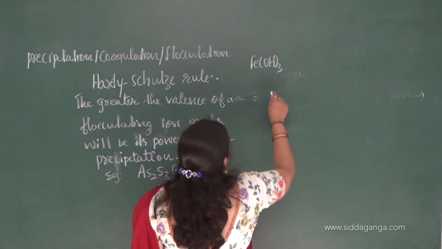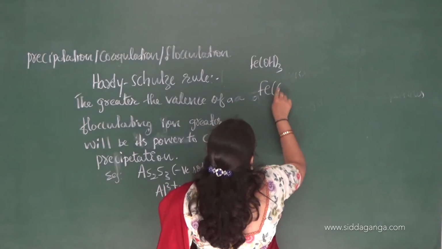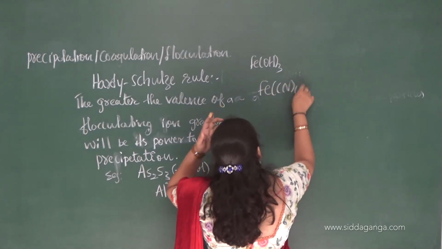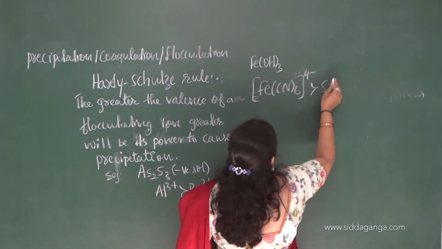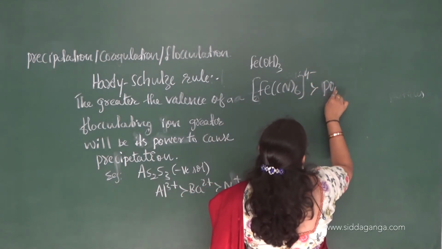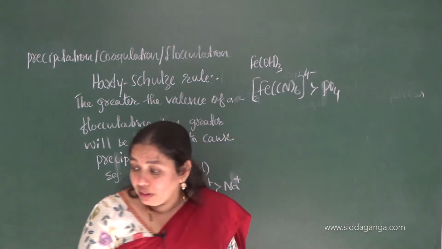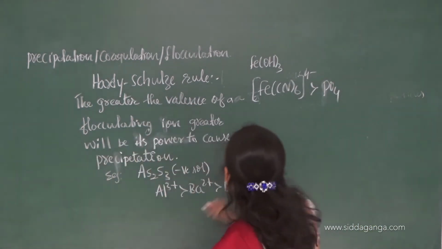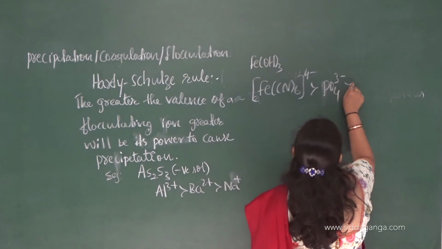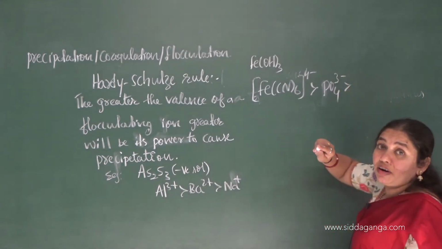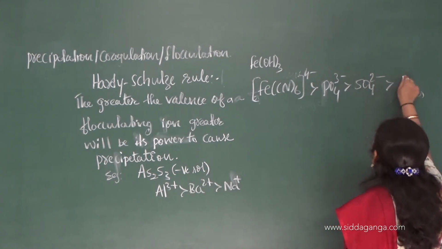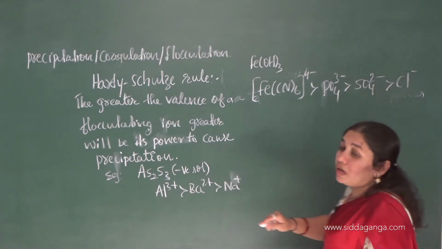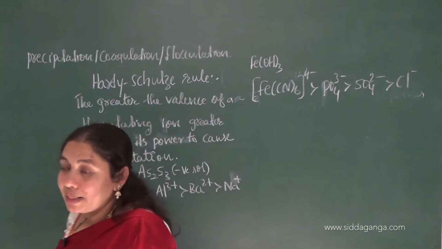Like ferrocyanide, Fe(CN)6 4-, that is having a greater valence compared to PO4 3-. PO4 3- is having greater flocculating power than sulfate SO4 2-, which is having greater flocculating power than the chloride.